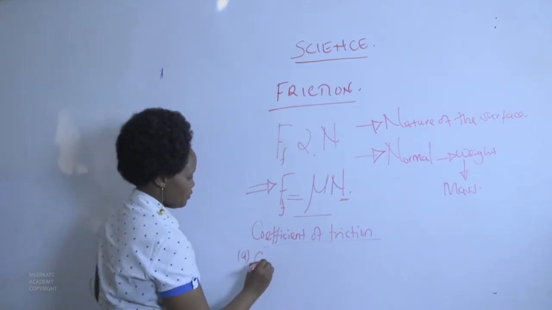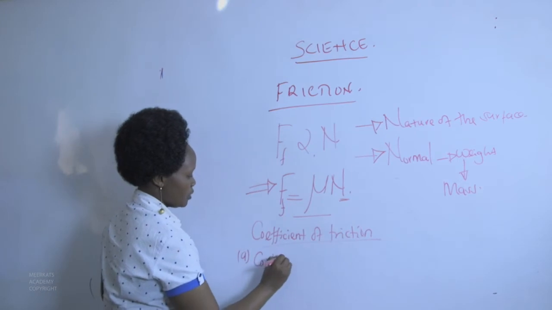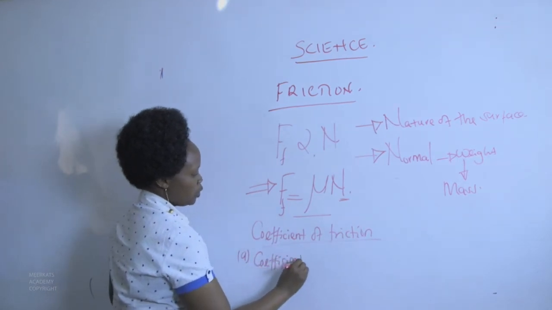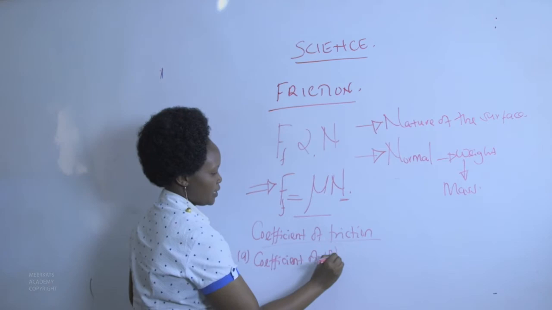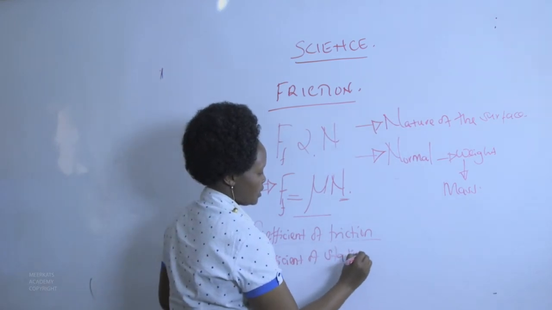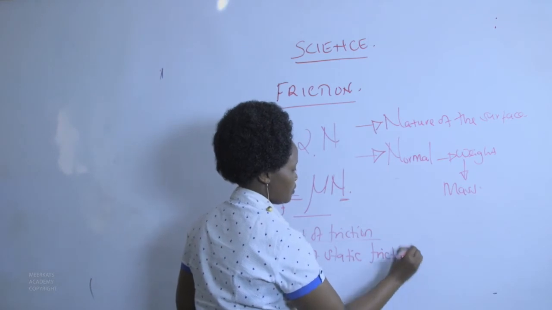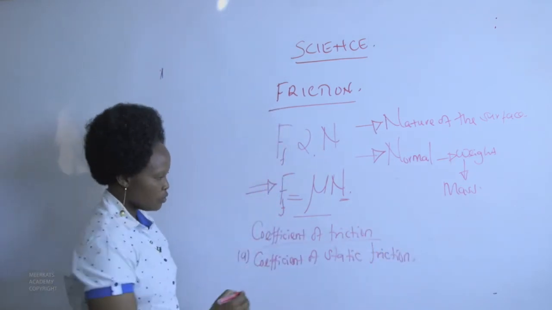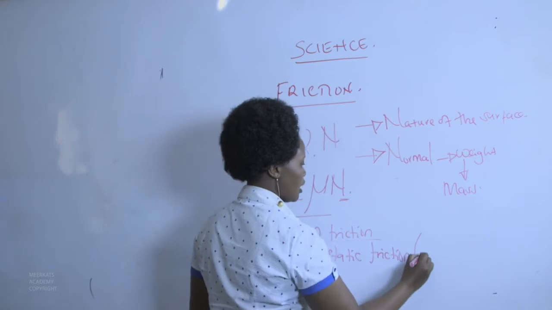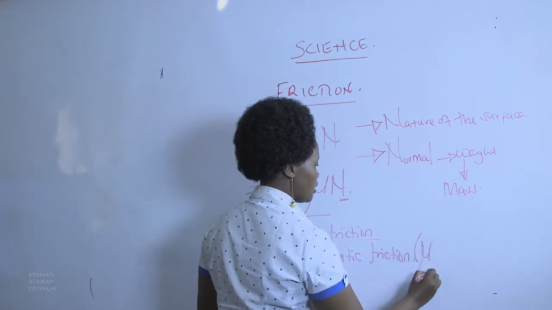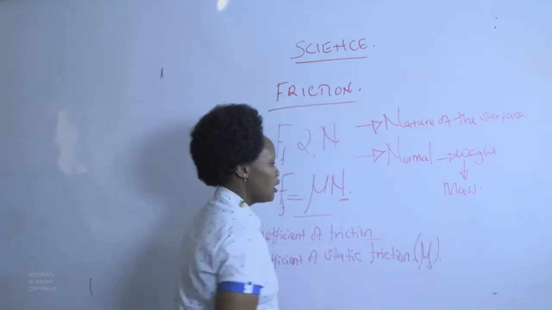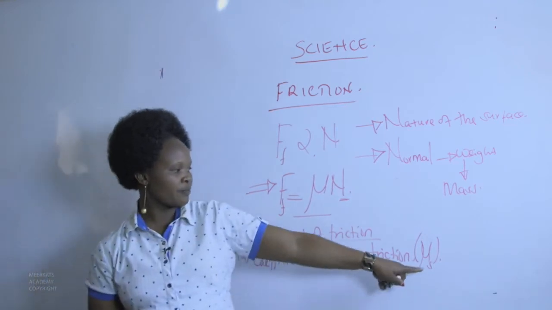One can be the coefficient of static friction, which we are going to symbolize as mu subscript s.